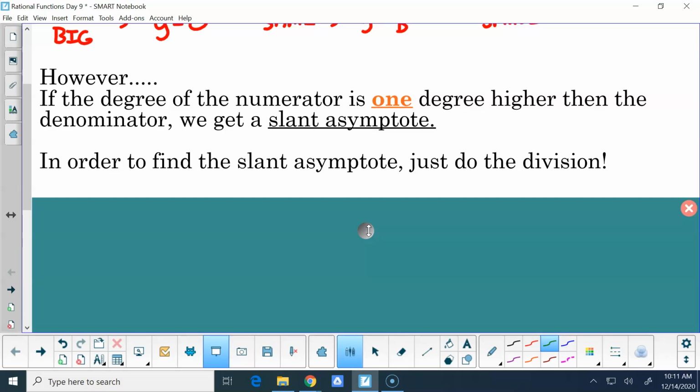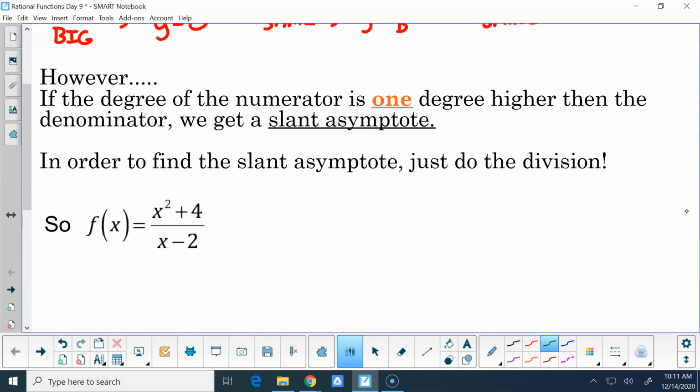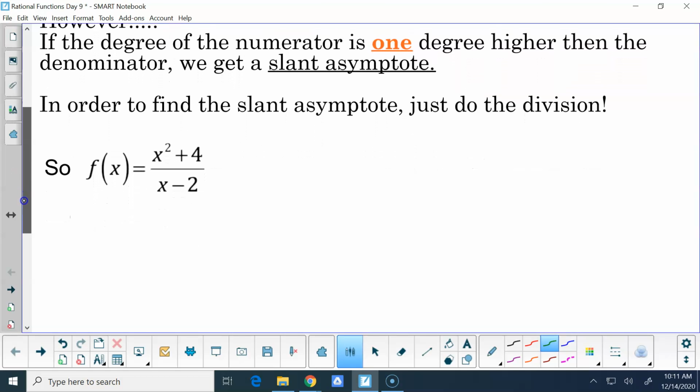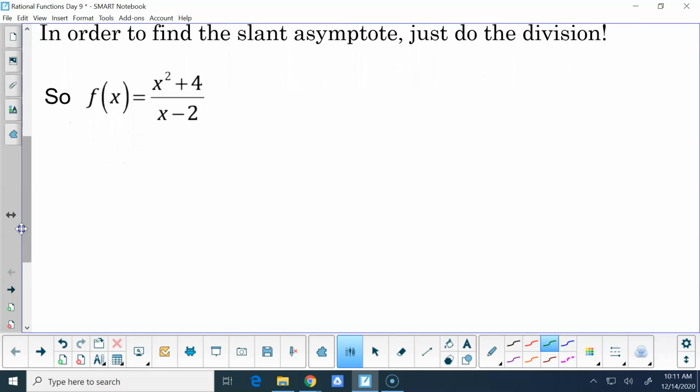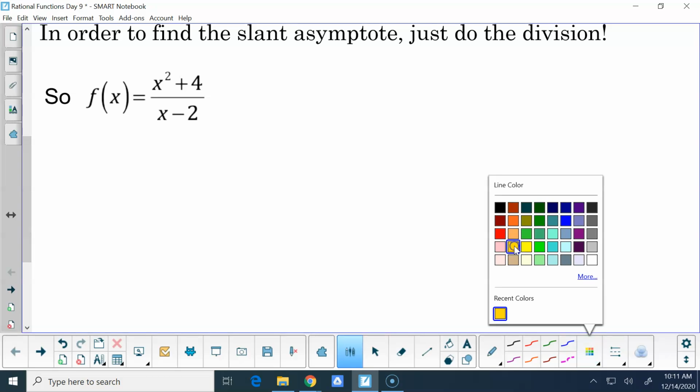And we can do that division either synthetically, if it's a special linear factor, or we can do it using long division, one of the two different ways. So for instance, if we have f of x equals x squared plus 4 over x minus 2, we can do the division.